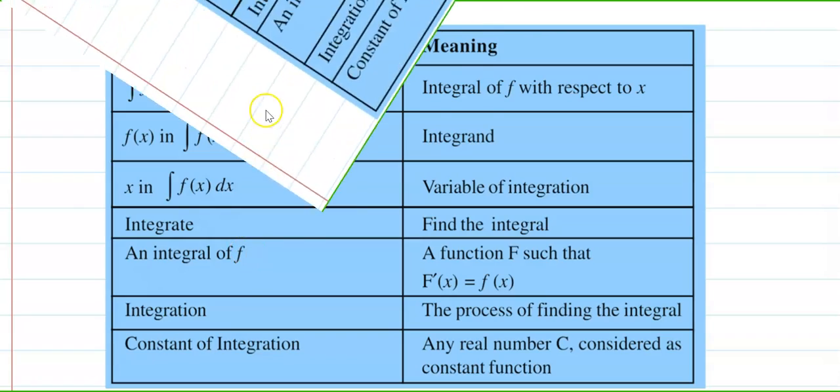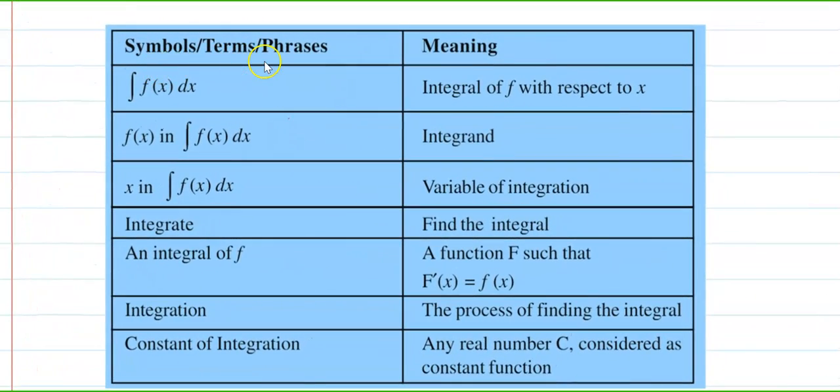Now in this table, there are symbols and their meanings. The first is the integral of f(x) dx, which is read as the integral of f with respect to x. f(x) in the integral of f(x) dx is the integrand. x in the integral of f(x) dx is the variable of integration.